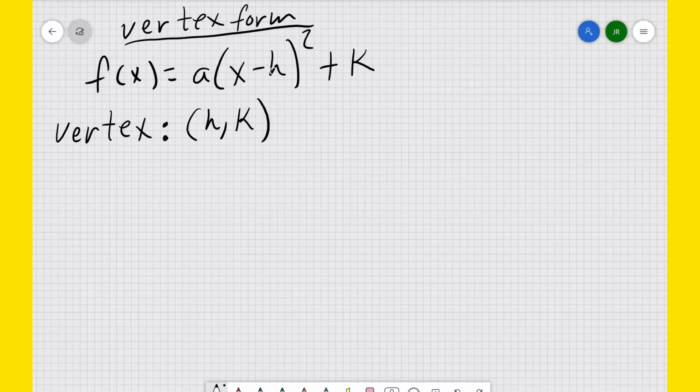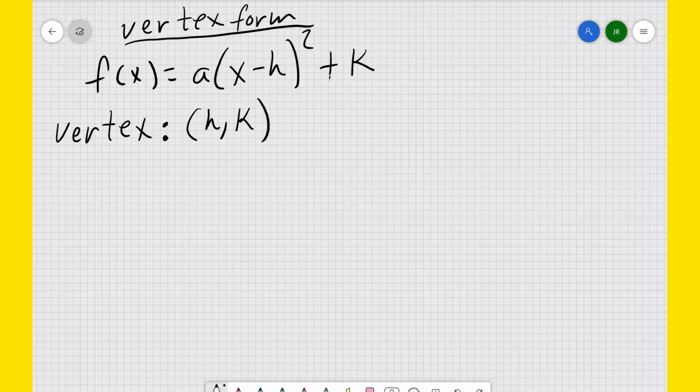Whatever number is with the x in parentheses and it's squared, actually the opposite of that number, is the x coordinate of the vertex. That's why it says minus h right here, but it doesn't say minus h right here. It says it's a positive h.